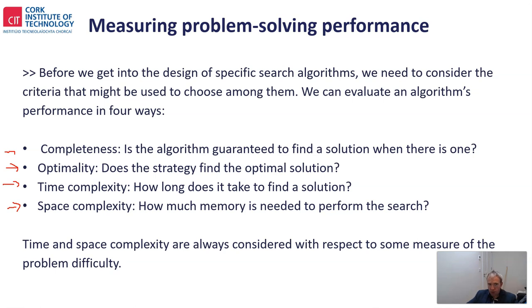We've come across some of these terms before in relation to identifying our task environment, and they are critical in evaluating the performance of search approaches. Time and space complexity are always considered with respect to some measure of the problem difficulty, and they correlate with that. We typically say the state space graph is the absolute value of the vertices or nodes and edges, the links between those nodes.